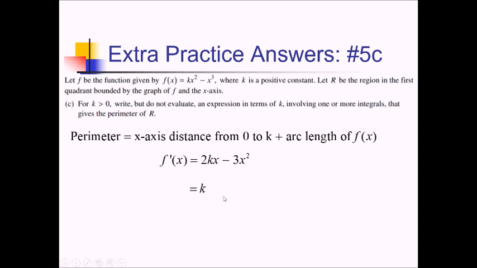Plus, now we have an integral, this is the arc length formula now, integral from 0 to k of the square root of 1 plus f prime squared dx. So this is just using our standard arc length formula. And this is it. This is the integral that gives us the perimeter, so we are done.